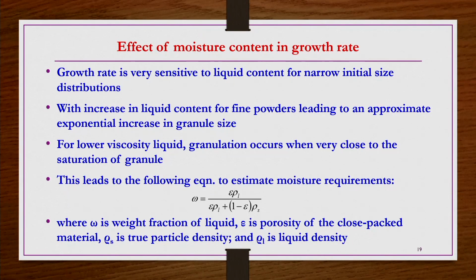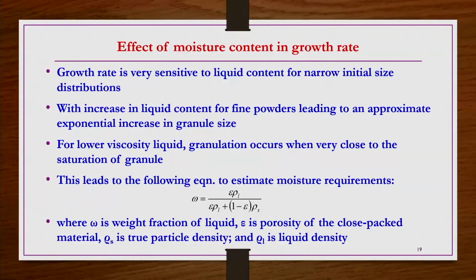What is the porosity? That is the interstitial space of the packed material before the granulation. So, that is epsilon. Let us say you have 100 kg of feed material, and a moderately viscous liquid whose density rho L is 1000 kg per meter cube, and the true density of the fine particles that you are going to agglomerate is 1600 kg per meter cube.